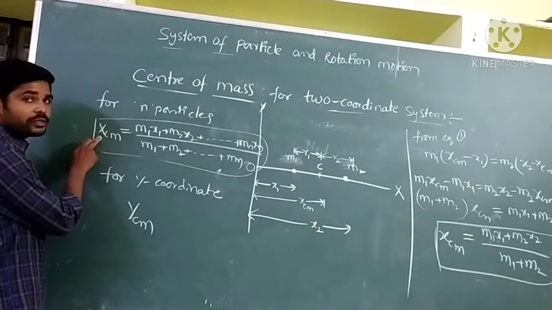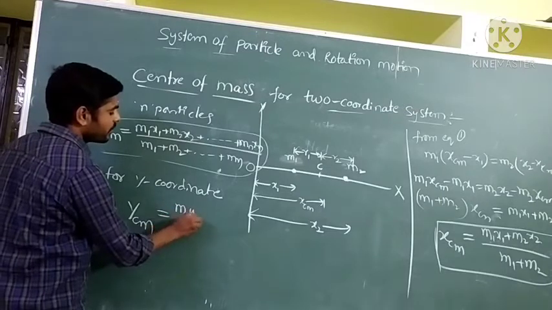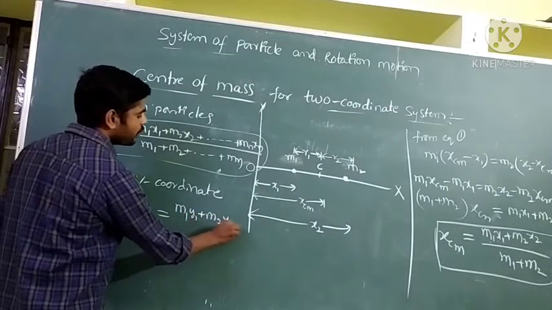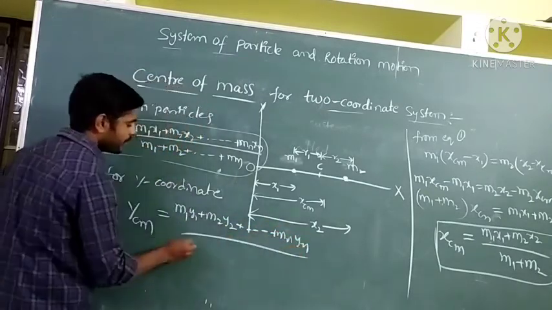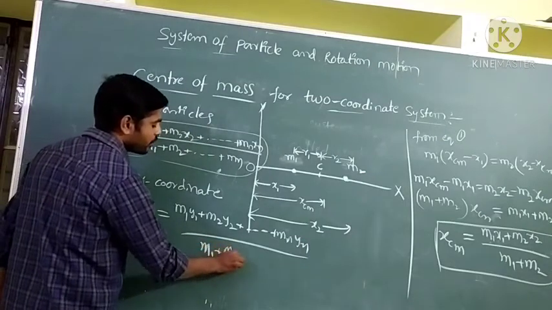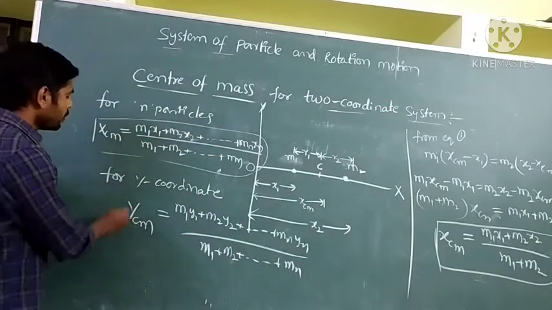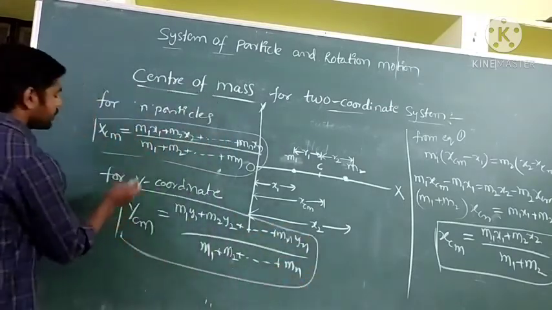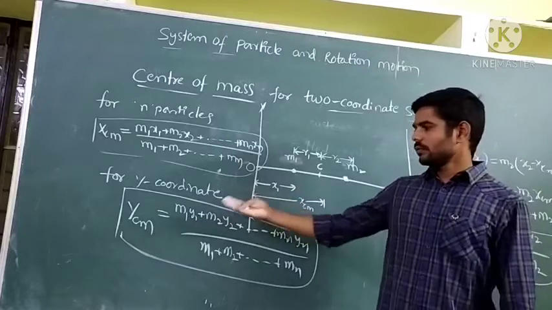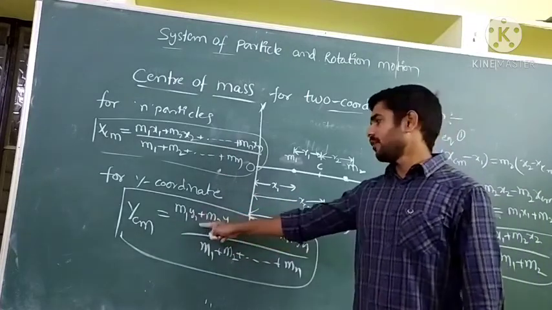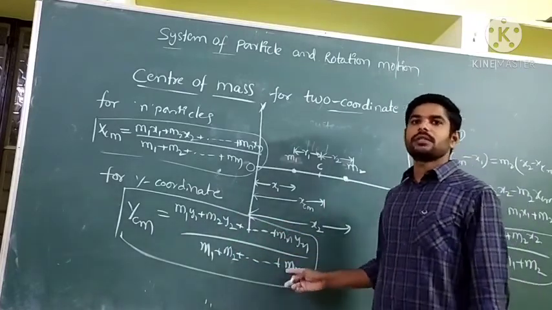It is the same formula as for x, instead of x1 we write y1: m1 y1 plus m2 y2 plus, and so on, plus mn yn, divided by m1 plus m2 plus, and so on, plus mn. Okay, this is the two coordinate system, and if you take the three coordinate system, we can add the z axis also. For the z axis, zcm, instead of y1 we write m1 z1 plus m2 z2 and so on, plus mn zn, divided by m1 plus m2 plus, and so on, plus mn.